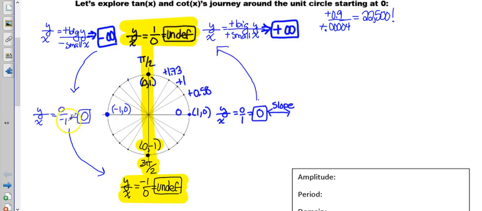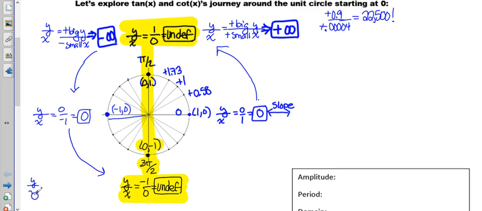It's much more obvious. When I'm leaving 0, if I were to draw a radius right there, that's not very steep. So that's going to be pretty close to 0. Getting more steep, larger and larger. But what happens if I'm right here? So let's reason that out.